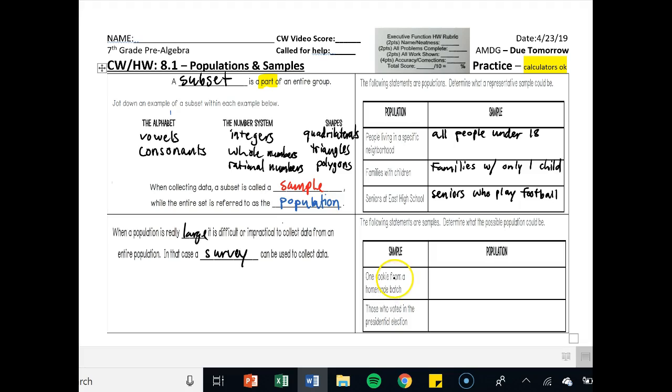One cookie from a batch of homemade cookies: the population would be the entire batch of cookies that you made. The sample, those who voted in the presidential election: the population would be all U.S. citizens of voting age. We didn't care if they voted for Trump or Hillary Clinton. We're talking about everyone who is eligible to vote, and maybe some people didn't even vote at all.